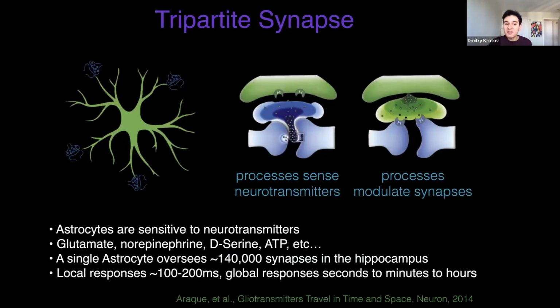Several things. First of all, astrocytes form what are called tripartite synapses. So in conventional neuroscience 101, we think about a synapse as a thing that connects the presynaptic neuron and the postsynaptic neuron. With a little bit extra level of complexity, we need to recognize that almost all synapses in the brain have a process wrapped around them. The process is this long tentacle that comes out of the soma of the astrocyte.